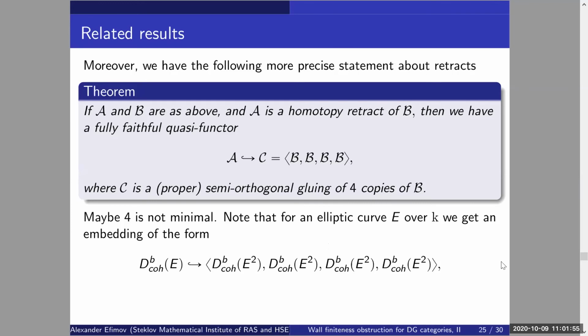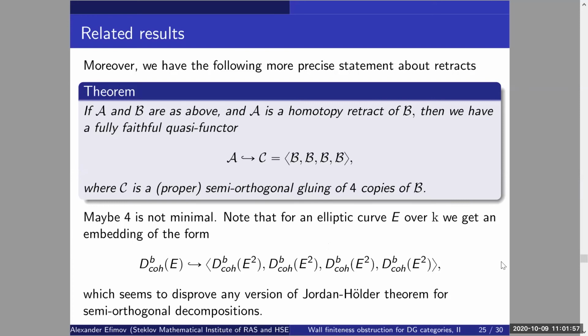And this seems to kill just any hope for this version of Jordan-Hölder theorem for semi-orthogonal decompositions. It's because here what we have on the right is gluing of 4 indecomposable Calabi-Yau categories, and on the left we have an embedding of some other indecomposable Calabi-Yau categories.